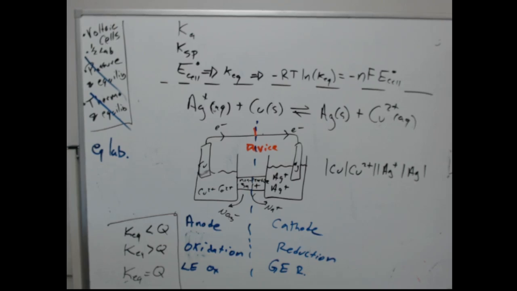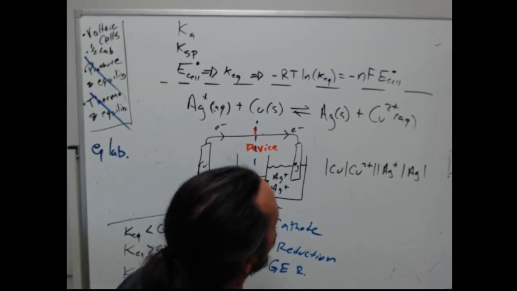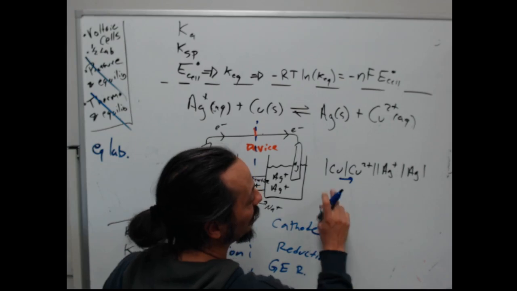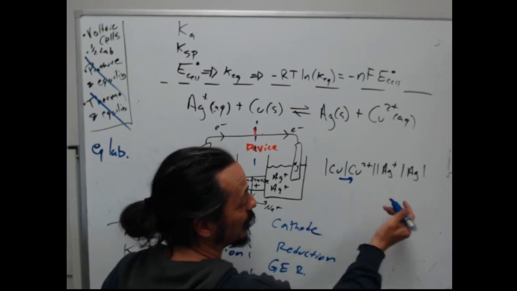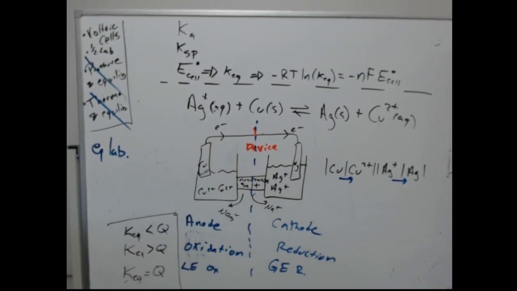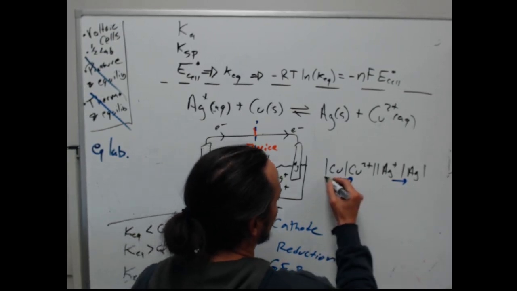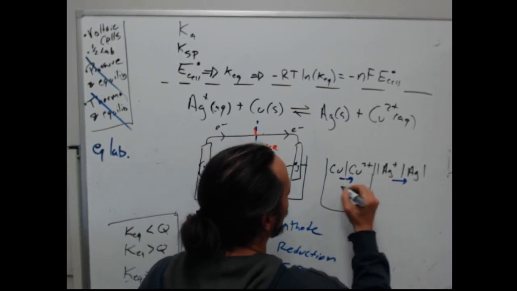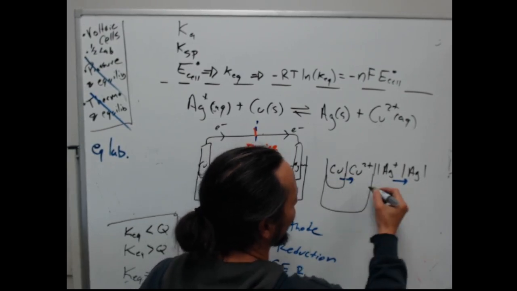And again, it's anode and cathode. You can almost see it as the two half reactions, right? I've got my copper to copper 2 plus losing electrons, oxidation half reaction. I've got my silver plus to silver gaining electrons, reduction half reaction. I always imagine being able to draw the beakers on it.